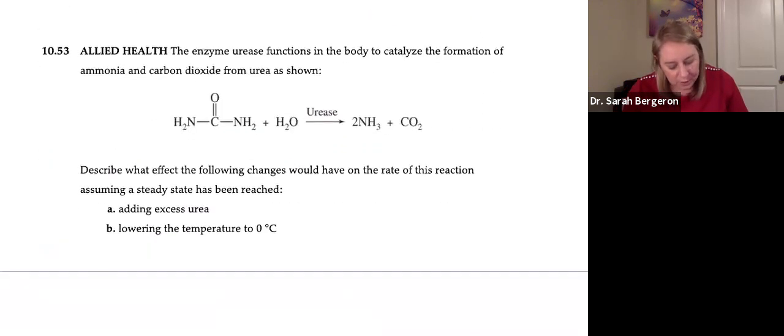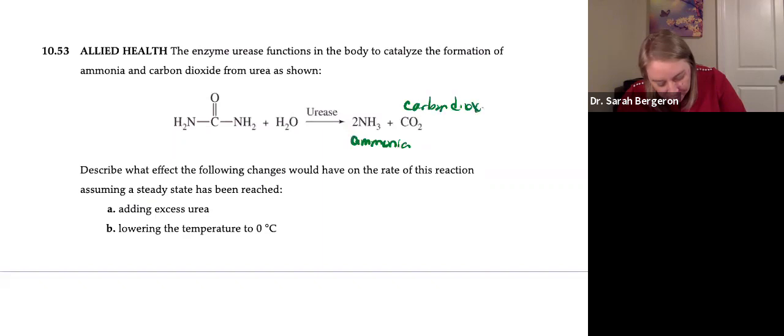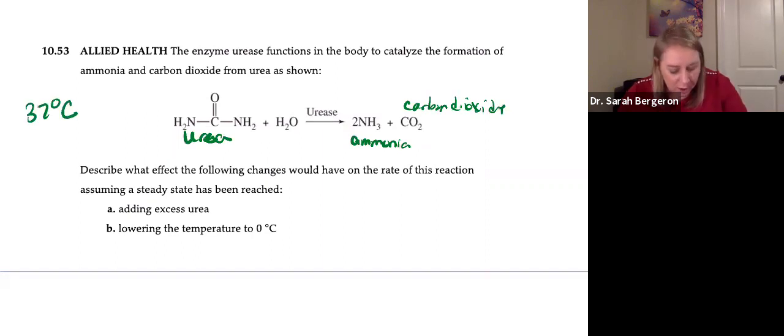Okay. The enzyme urease functions in the body to catalyze the formation of ammonia and carbon dioxide from urea, U-R-E-A, as shown. So in the body, we're at 37 degrees, and it doesn't say anything about pH, so we don't have to worry about pH.